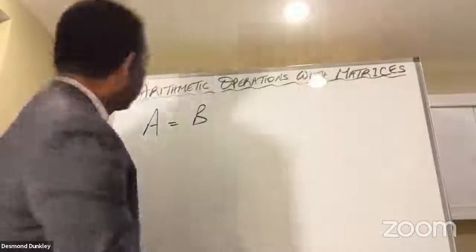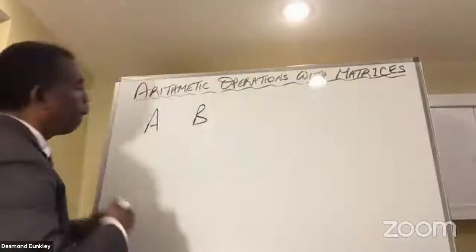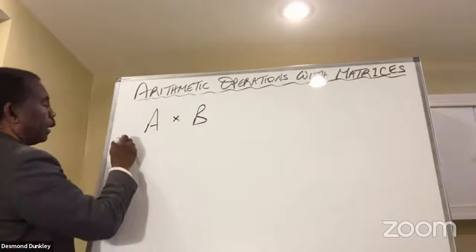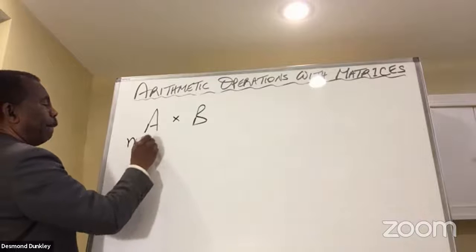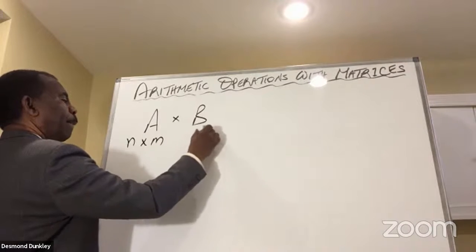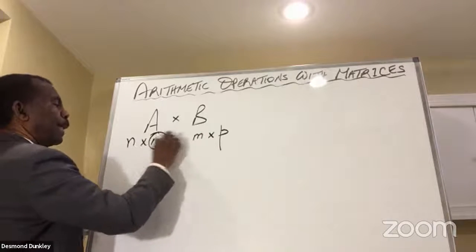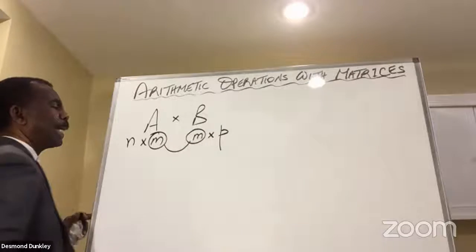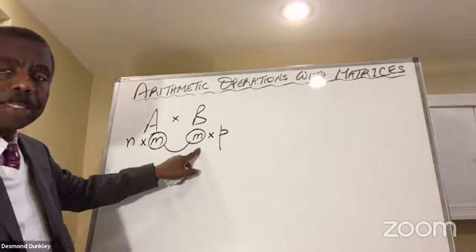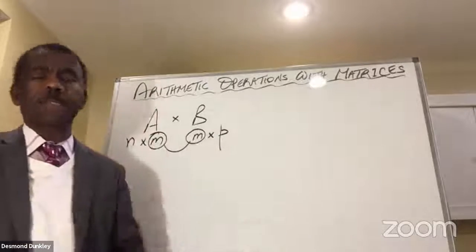We discovered that if these are two matrices and we can multiply them, then if this is an N by M matrix, then this must be an M by P. In other words, all that's necessary is that the two inside numbers must be identical. If they are not identical, the product does not exist.